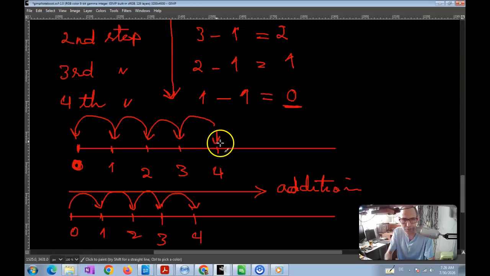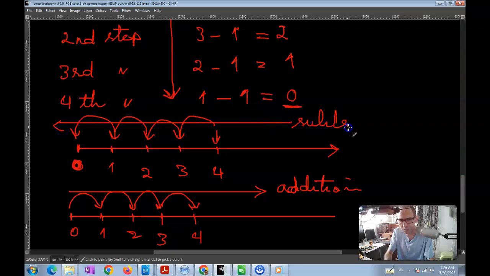This is addition. But for subtraction, you're going to move in the opposite direction. This is subtraction. You start from 4 and then you will end up at 0, right?